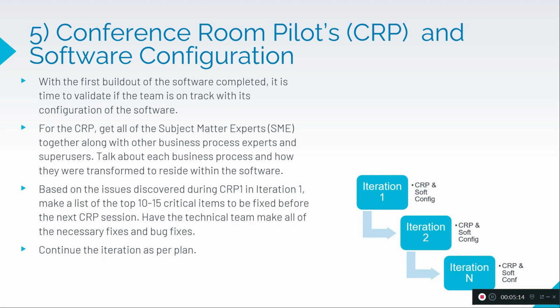As per the demo or review, the technical team will get the list of fixes and they need to fix it before the next iteration completion. So this iteration continues as per the plan. As mentioned, it may be 5 iterations or 10 iterations. So this is very important.